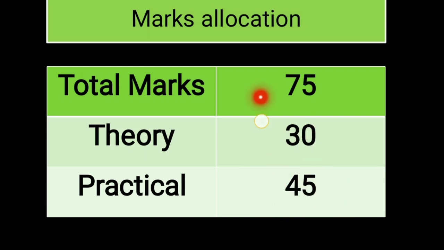So scoring 75 out of 75 is quite easy, because in case of the practical you can easily get full marks. Even in case of the theory you can get full marks, but for that you have to be very specific while writing answers. All that also I am going to discuss further in this lecture.